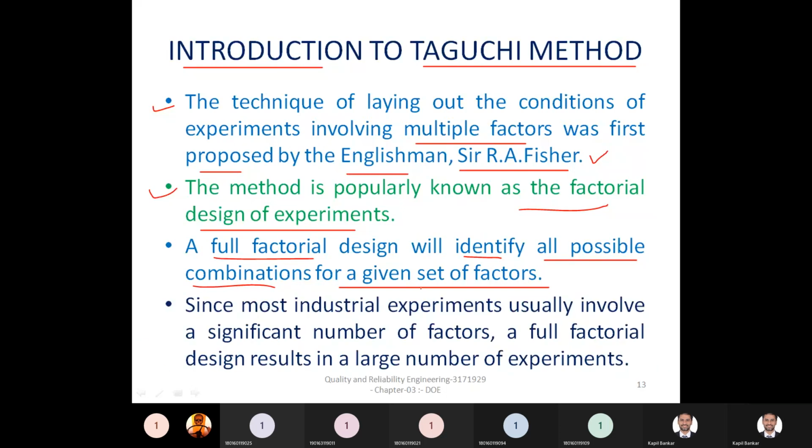Since most industrial experiments usually involve a significant number of factors, a full factorial design results in a large number of experiments. Why does it have a large number of experiments? Because it has all possible combinations of the given sets of factors. And if you conduct this large number of experiments, it will take lots of time, and your project time or experiment time as well as cost will increase.